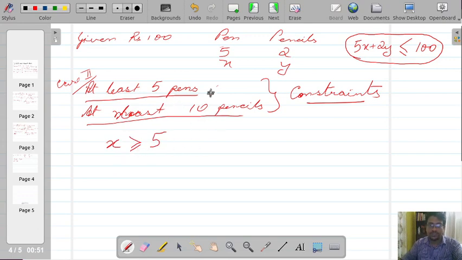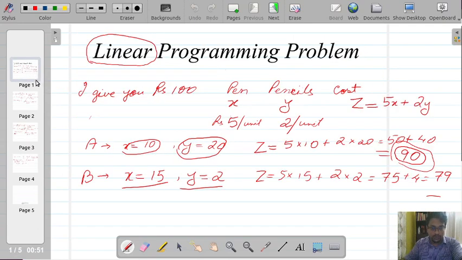So the restriction is whatever amounts of x and y you buy, they should satisfy x greater than or equal to 5 and y greater than or equal to 10. So these are the 2 restrictions. So in this case, with this restriction, the first one is going to be our solution because x is 10 and y is 20.